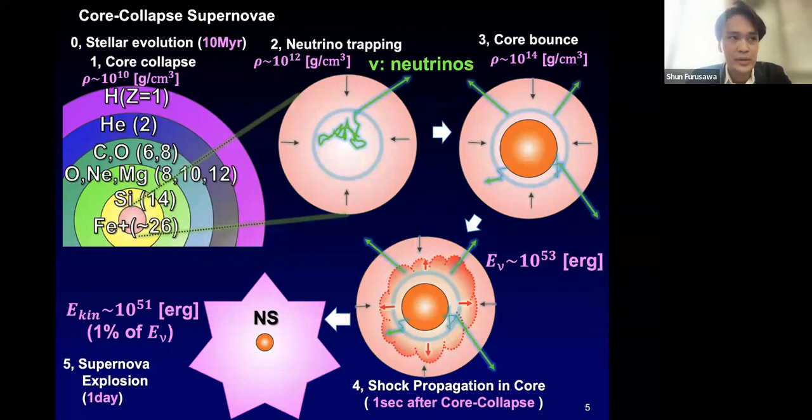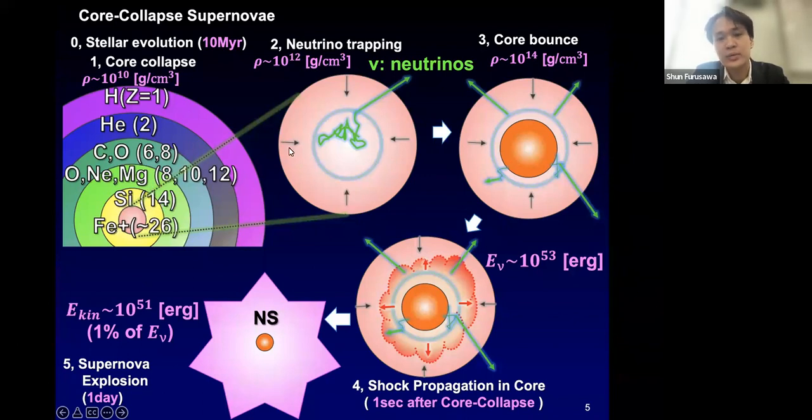So I will explain the scenario of core collapse supernovae in brief. After the chemical evolution of a massive star, this onion-like structure is formed. The central region has the iron group core, and this core collapses to a proto-neutron star.